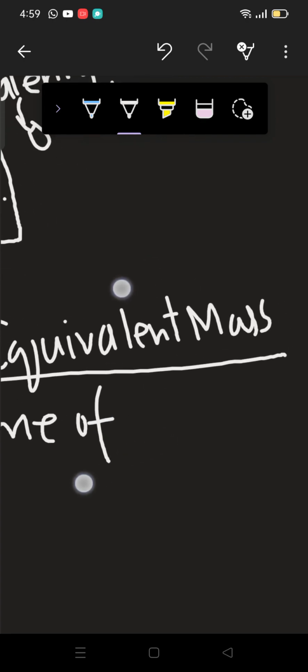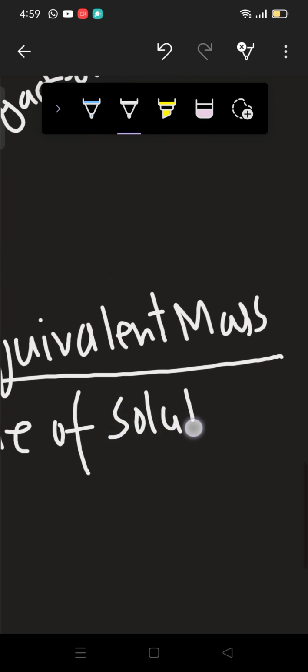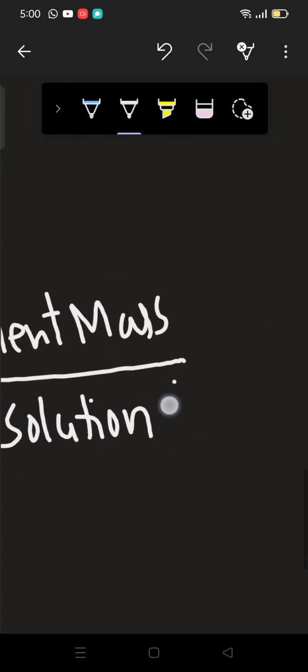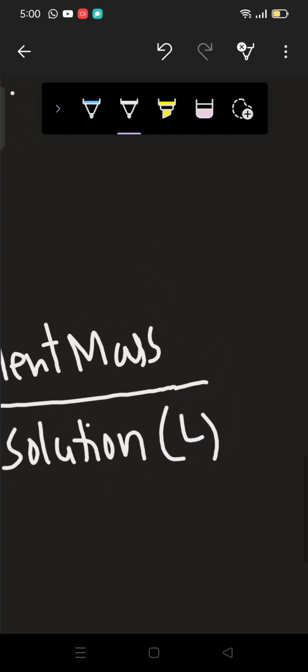Volume of solution in liter. In liter. And this is of solute, of course.